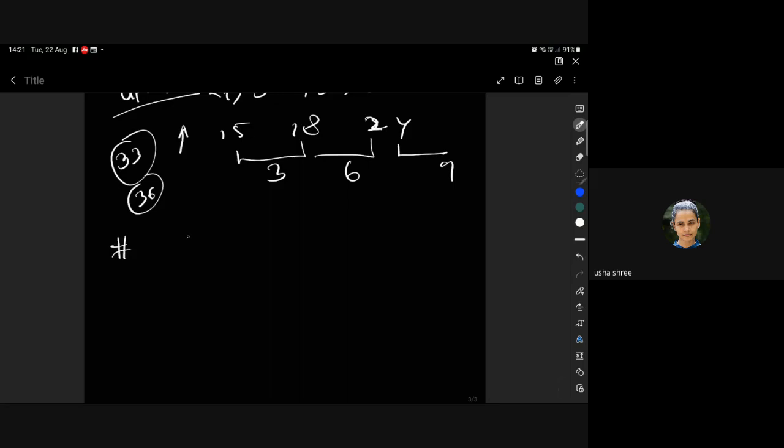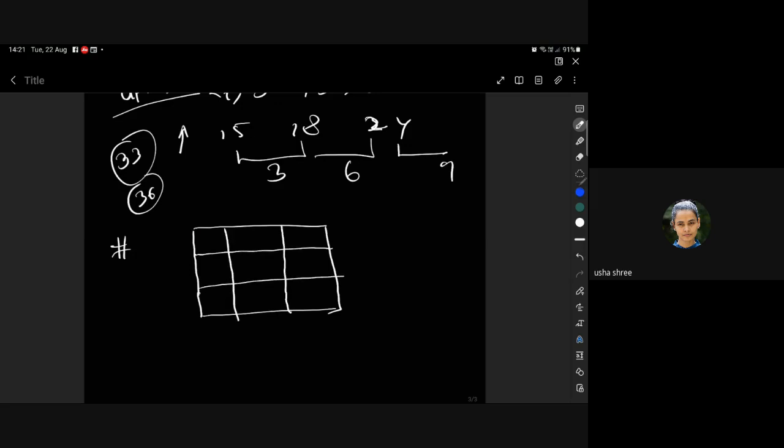example is, suppose a table is given to you. 8, 6, 4, then 3. You have to find this number. Then 7, then 14, 16, 18.